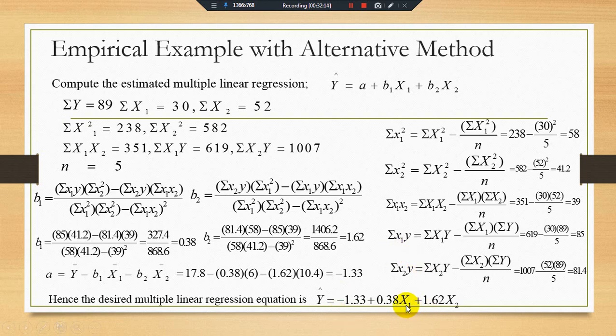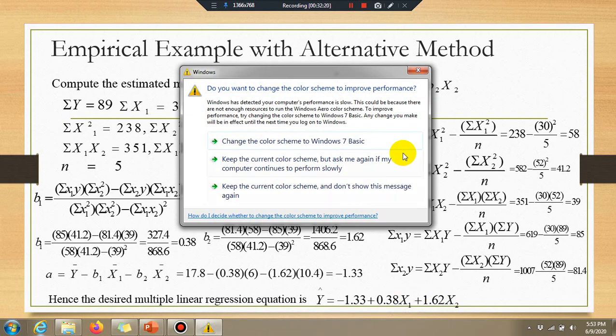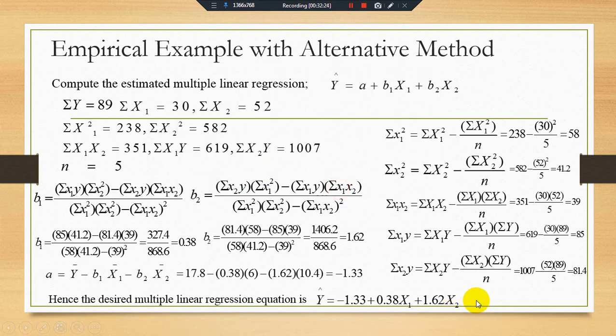So if x1 is equal to 0, then 1 unit change in x2 brings 1.62 unit change in y, the dependent variable. So this is the main part of interpretation.